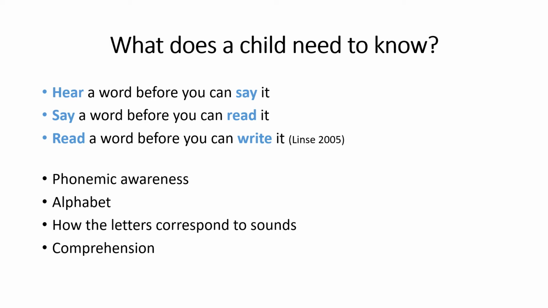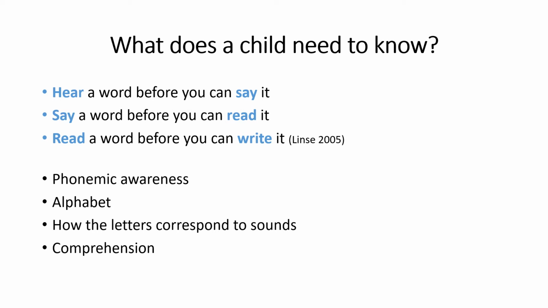So for example, if it's written FAN, how do these three letters sound? They need to know what's the sound of alphabet F, what's the sound of alphabet A, what's the sound of alphabet N, to be able to say that word.